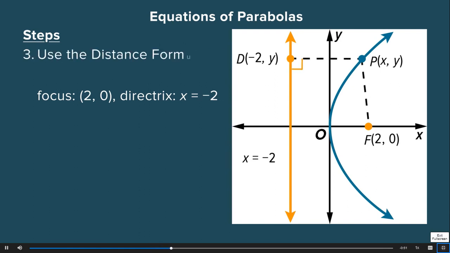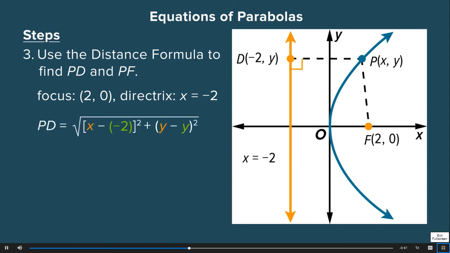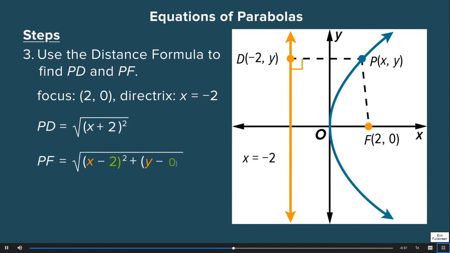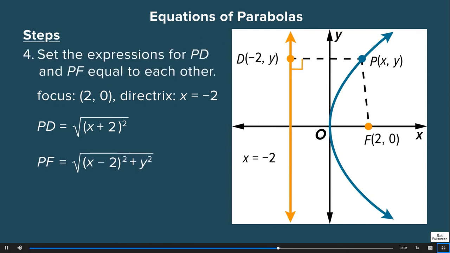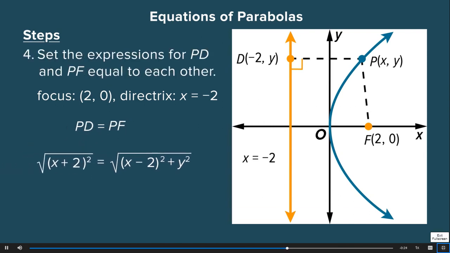Use the distance formula to write an expression for PD, the distance between the directrix and point P. Use the distance formula to write an expression for PF, the distance between the focus and point P. The parabola is the same distance from the directrix and the focus.